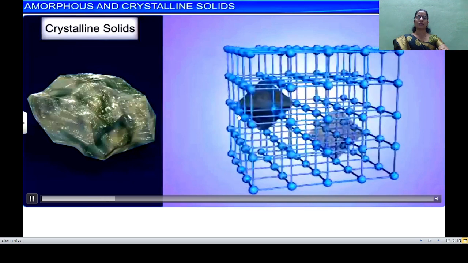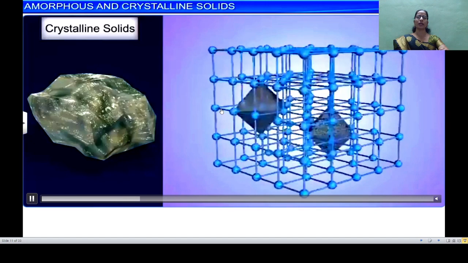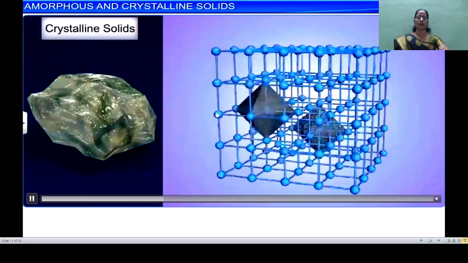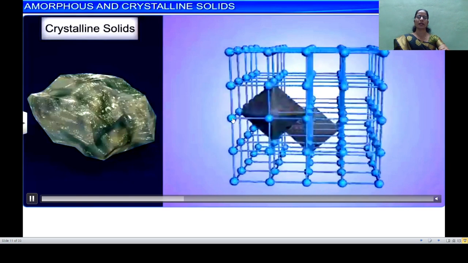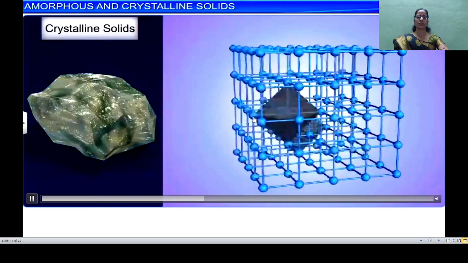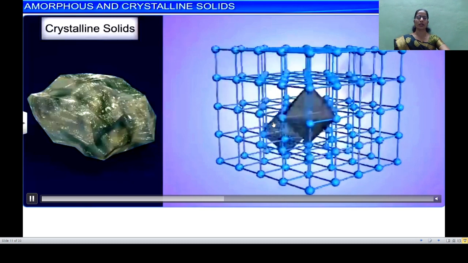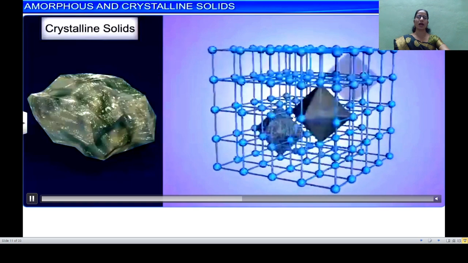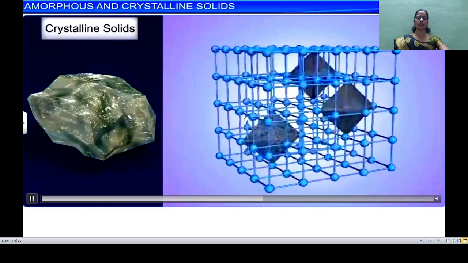Again, there is a regular and repeating arrangement of the particles along three dimensions. That is, we can say that the arrangement of the particles is periodic. Due to such an arrangement of the particles, these crystalline solids have sharp edges and flat surfaces. They are very close to each other.